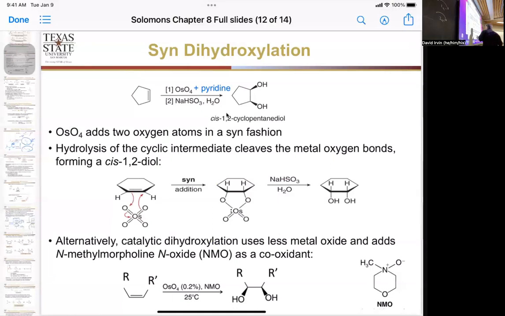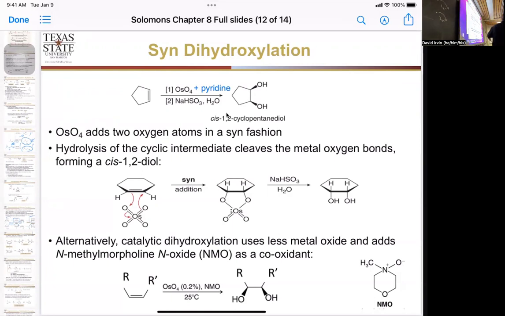The methyl group is on the nitrogen, and there's an oxide on the N. And so you can put 2 equivalents of this, and it will oxidize the osmium back down to osmium tetroxide. So you just need to use a pinch. So you can use catalytic osmium tetroxide as long as you have molar equivalents of this.